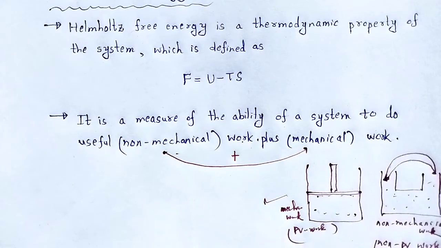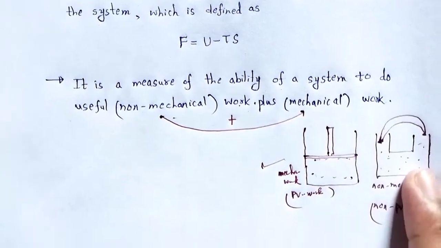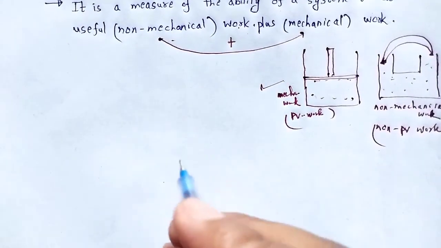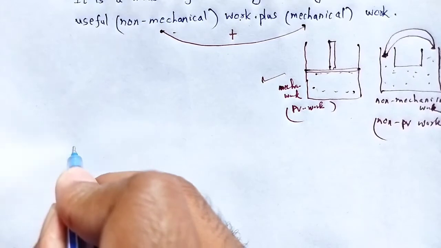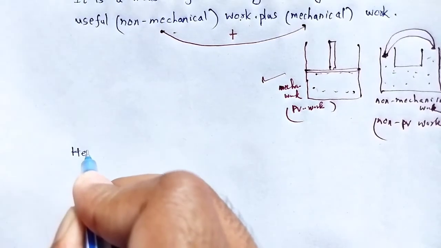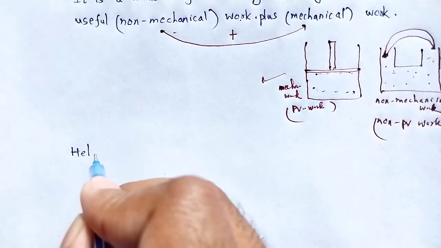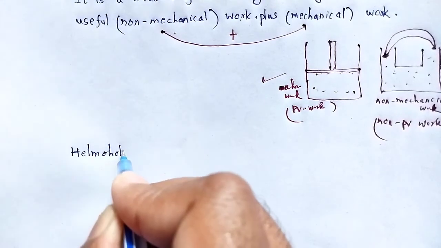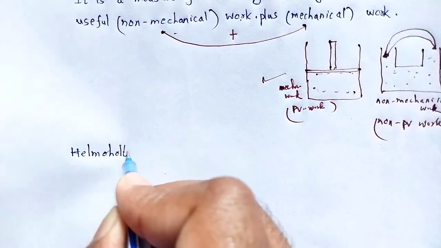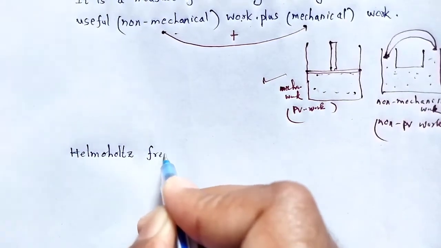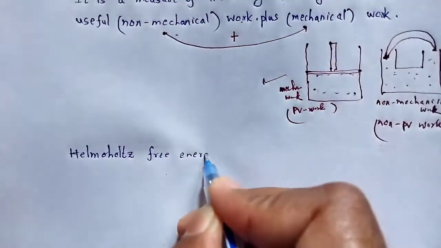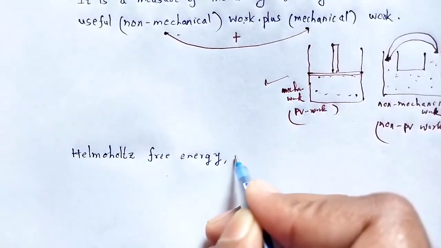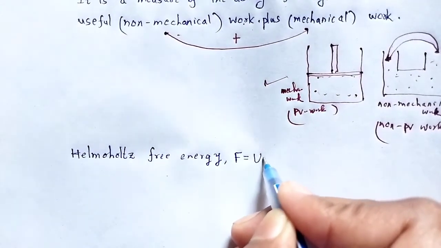So how do we mathematically define that? Helmholtz free energy, F is equal to U minus TS.